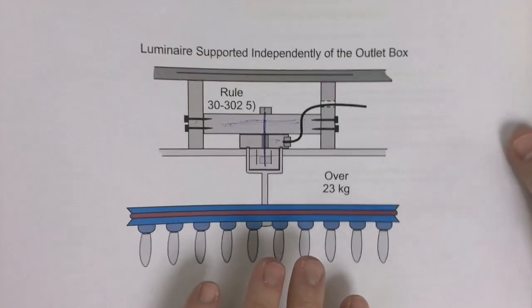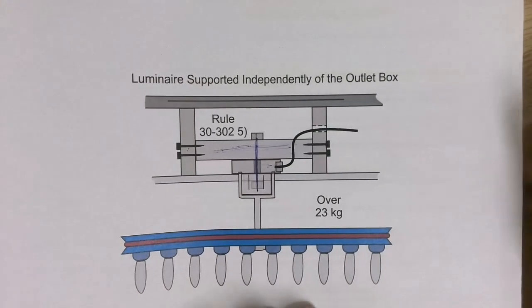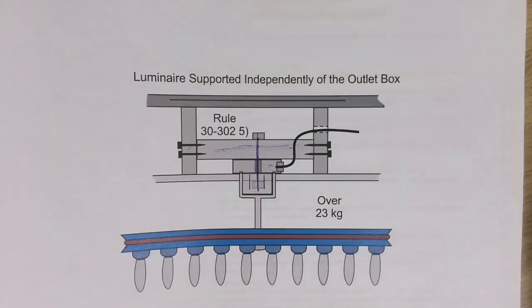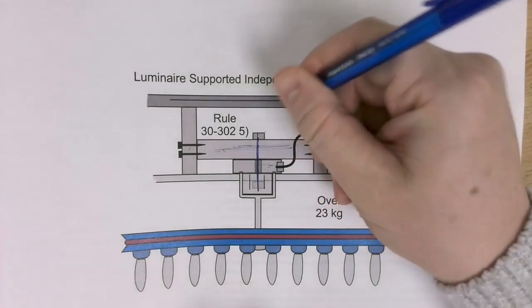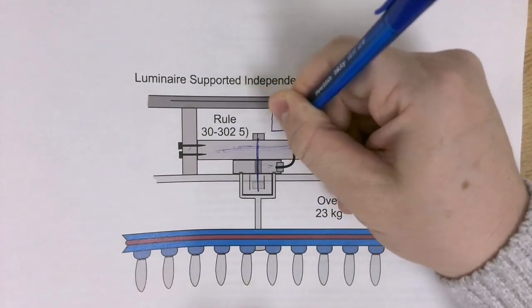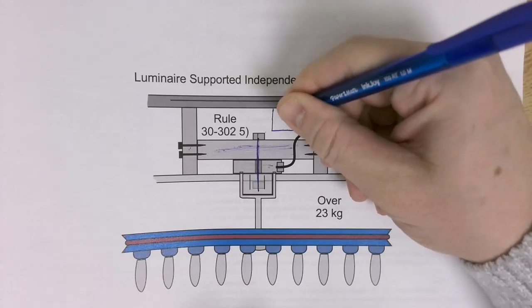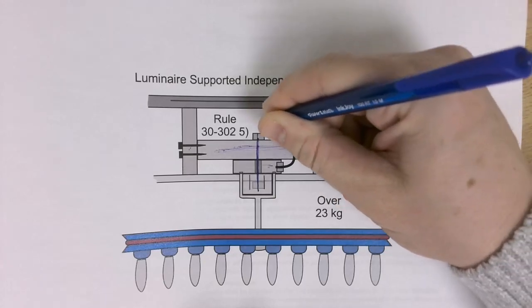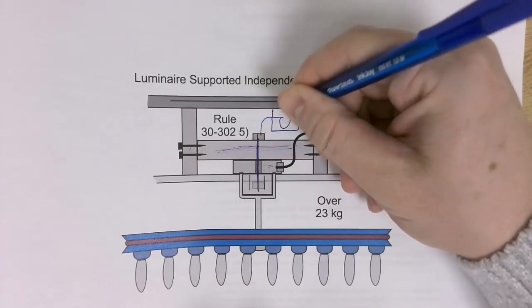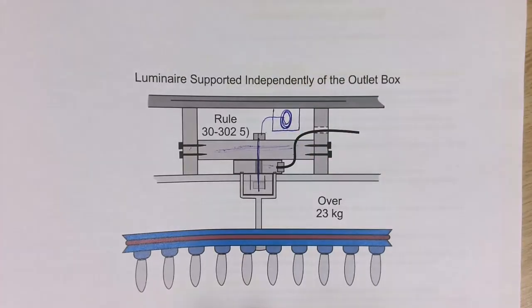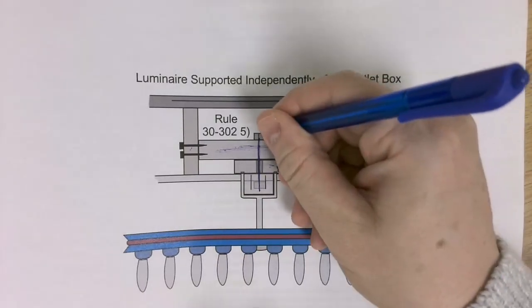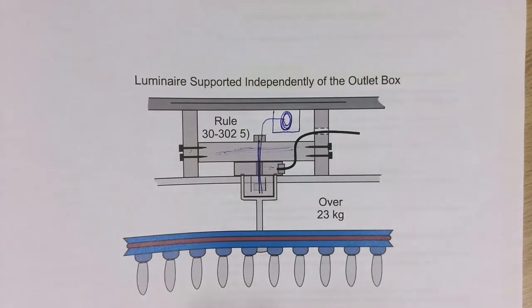Now, I have also seen an extreme example where the light was both heavy and very high up. What they had for that example is an actual winch in the ceiling. It had a structurally supported cable that wound around a wheel up in the attic space, and that came down to the light.